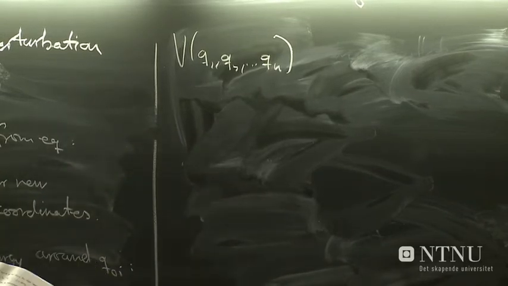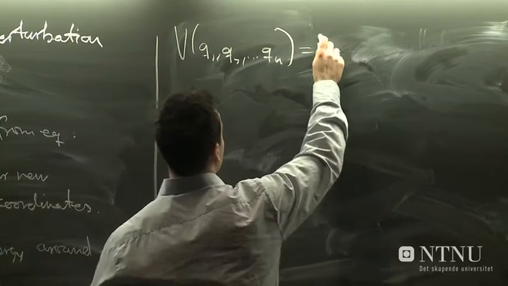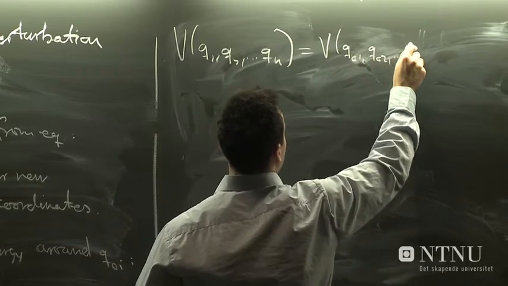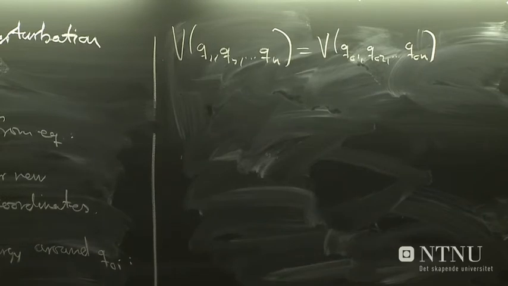So we're going to expand this potential around the equilibrium point, which gives us, to lowest order, of course, just its value at the equilibrium point.